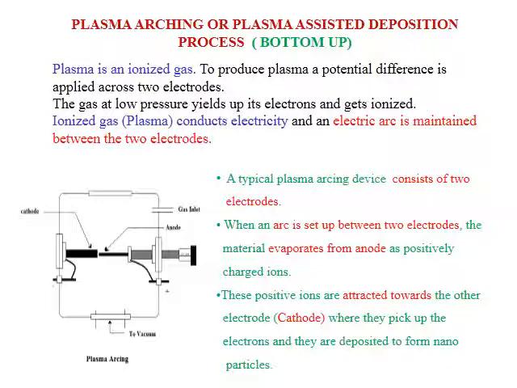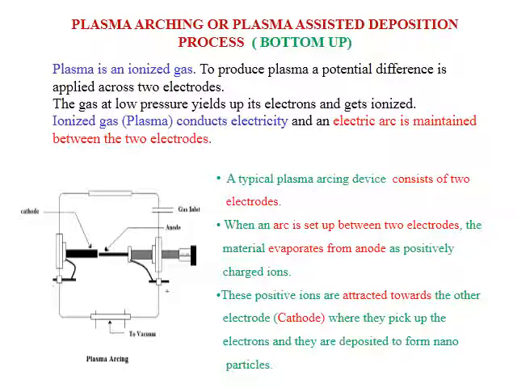When the high voltage is applied, the gas which is filled in this container produces electrons and gets ionized. This ionized gas conducts electricity, and the electric arc is maintained between the two electrodes. A typical plasma arcing device consists of two electrodes, as I told you.